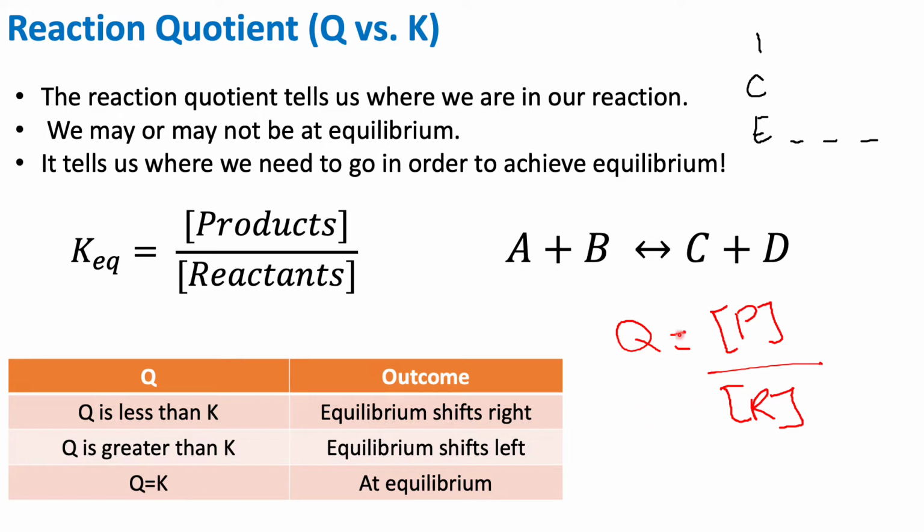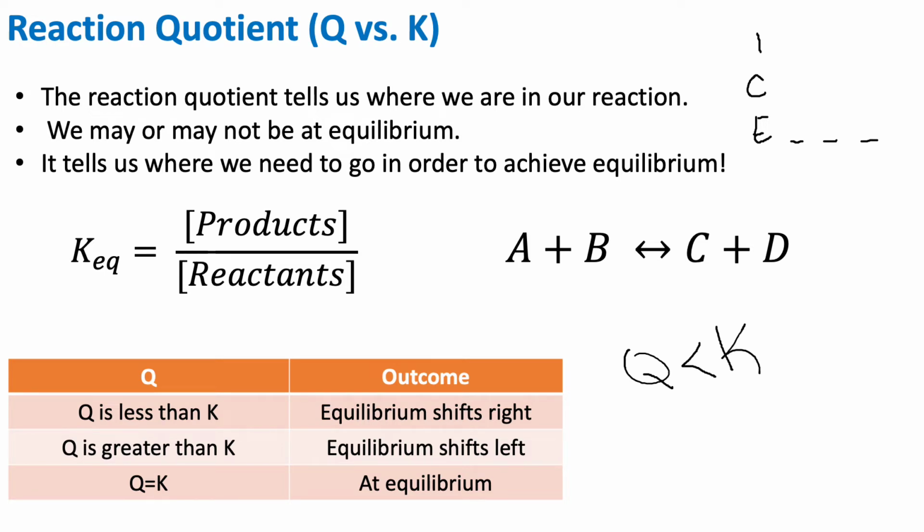Now, when we calculate our reaction quotient, once again, we go products over reactants and we get some sort of value. Let's say that our value is really small. So let's say that our Q is really small and our K is bigger. What does that tell us? Well, we need to think about this equation over here.